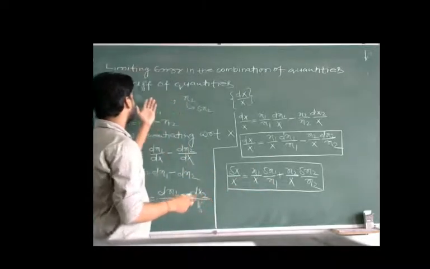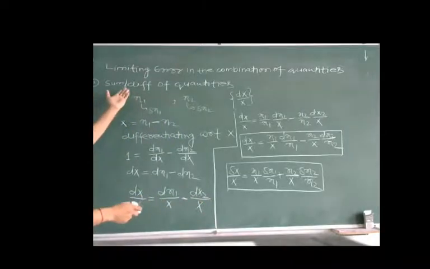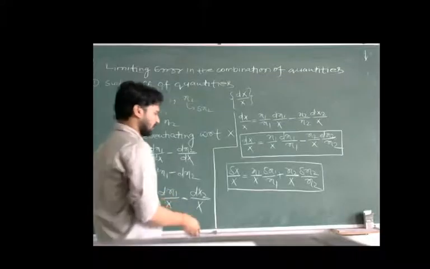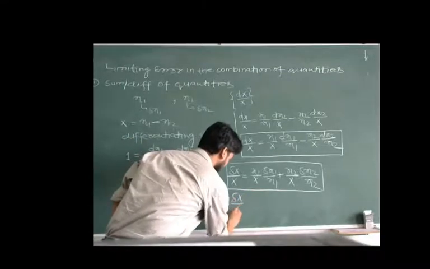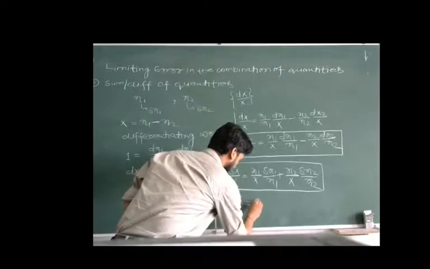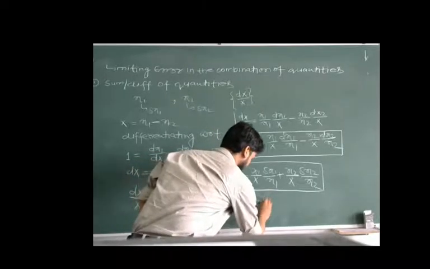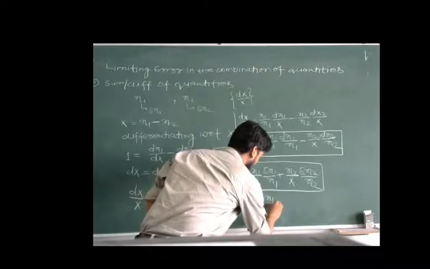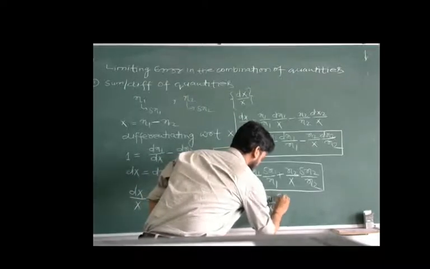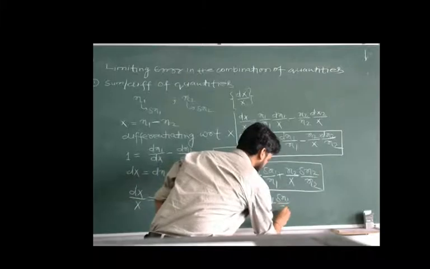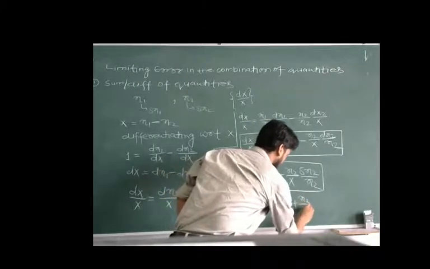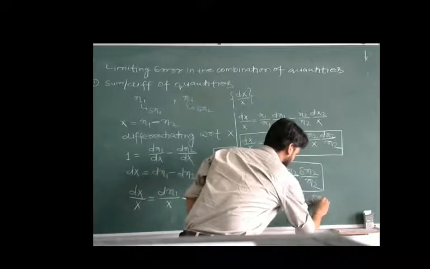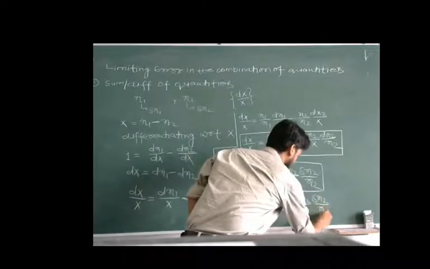So if there is a difference or summation of the quantities, we can write the combined result as del X over X is equal to plus minus, x1 upon capital X del x1 over x1 plus x2 upon capital X del x2 over x2.